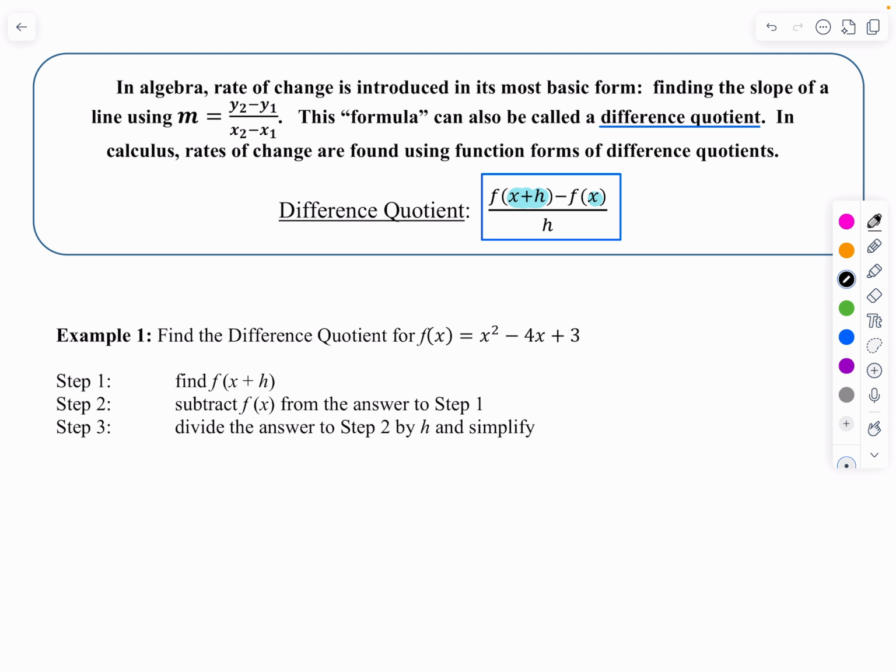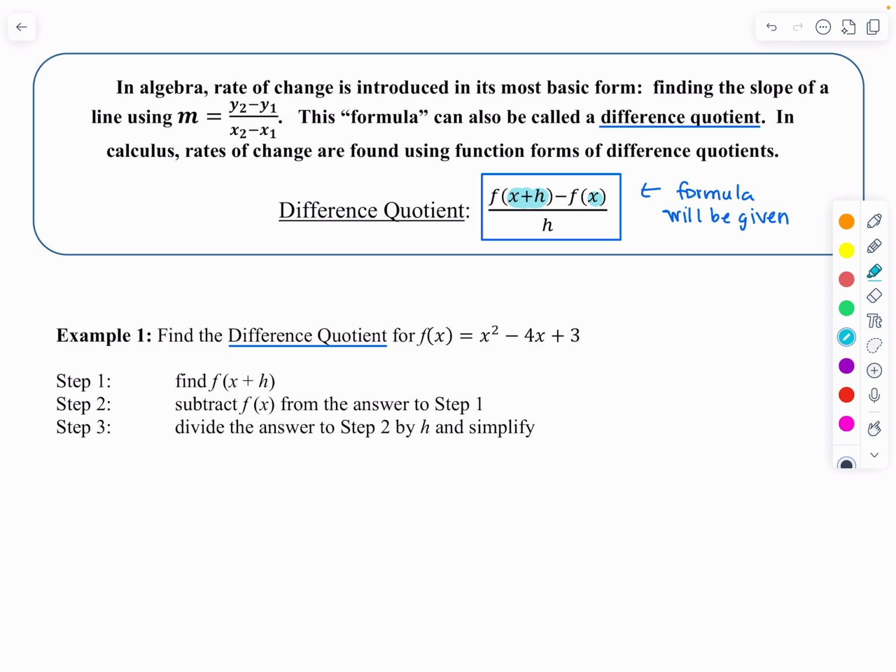So if I asked you to find the difference quotient, which again, I can give you the rule for it, the equation for it, this here. I can give you the formula. It will be given for now. And then I give you a function. So the first thing you're going to want to do is find what we just did in the do now.